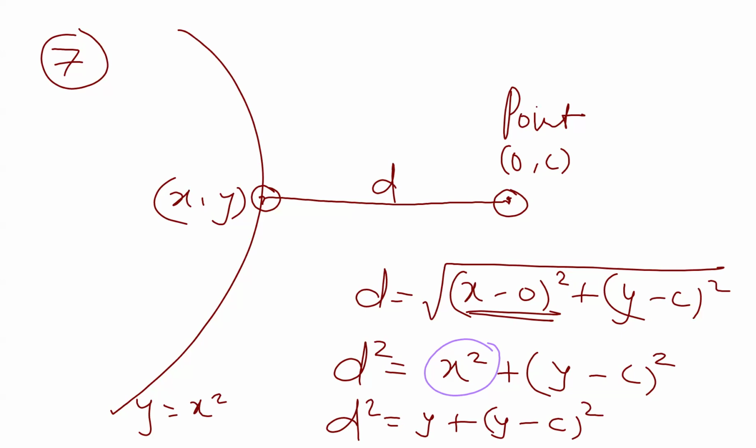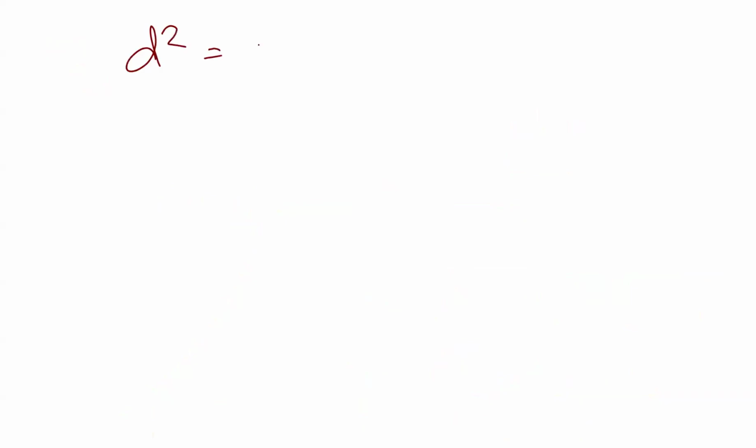I hope you are copying simultaneously. Fine. So d square is equal to, next step, I'm going to simplify this further. Y plus y minus c the whole square. I just copied this again for you from the previous slide.